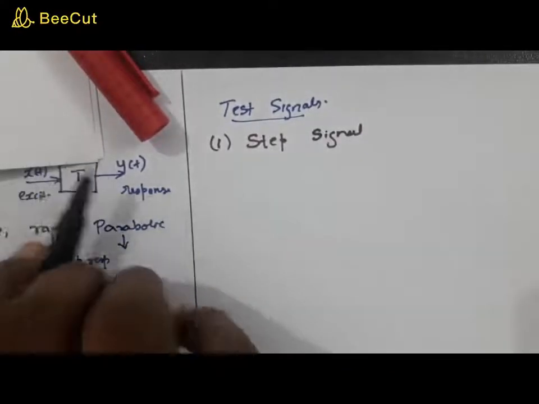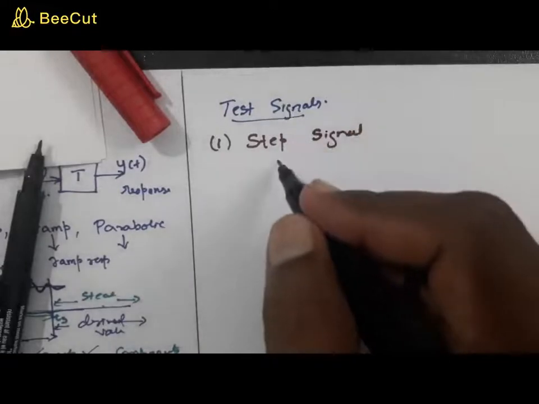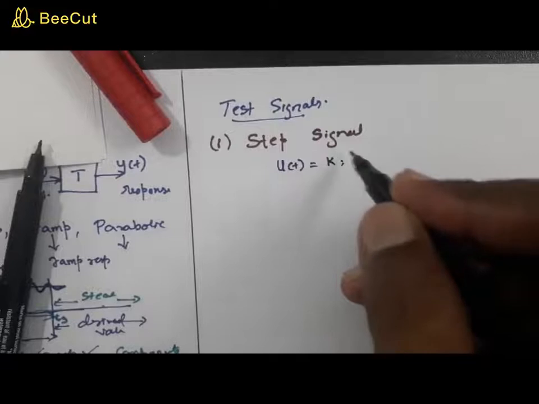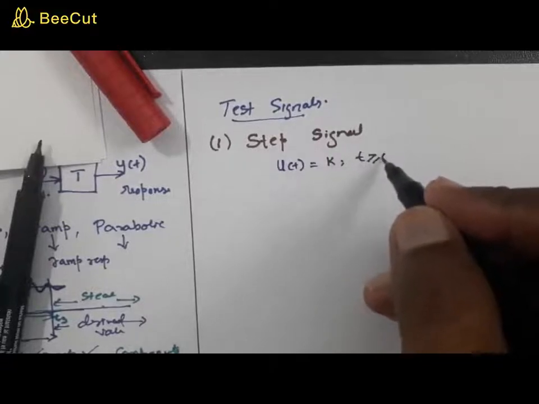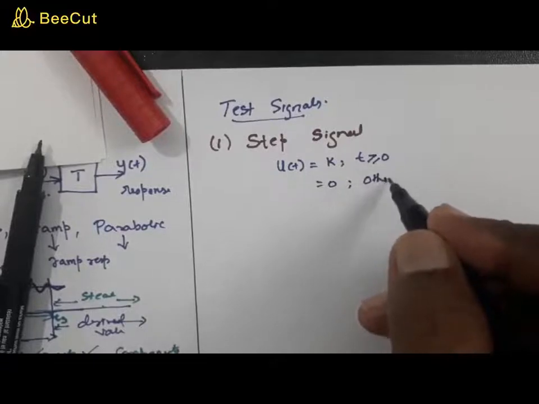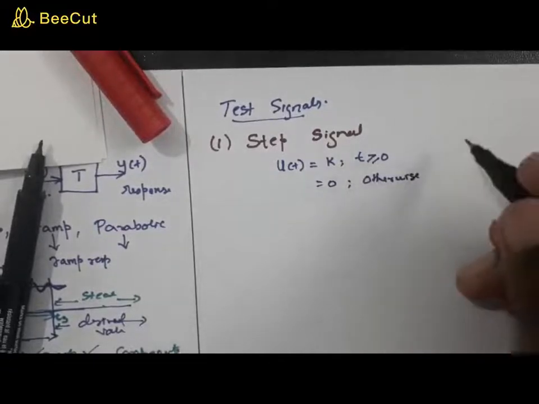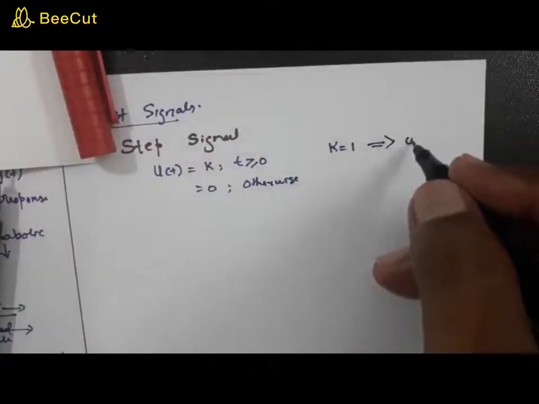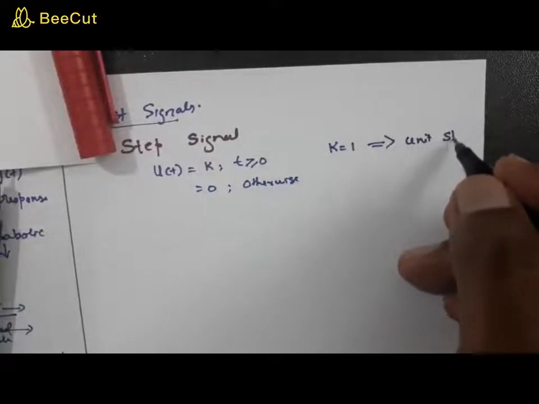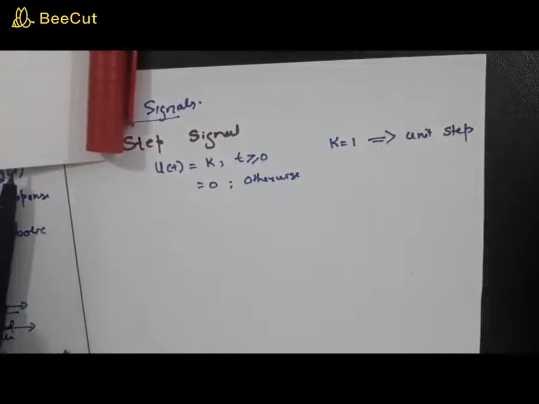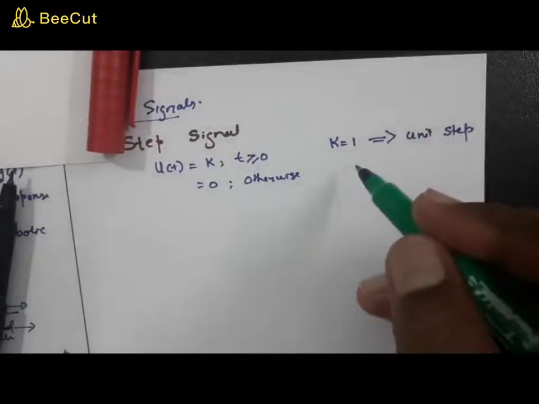Now, how is it defined? Step signal is usually represented by u of t, which is equal to k for t greater than or equal to 0, and it is equal to 0 otherwise, right? Now, when k is equal to 1, this is called a unit step signal. How is it graphically represented?